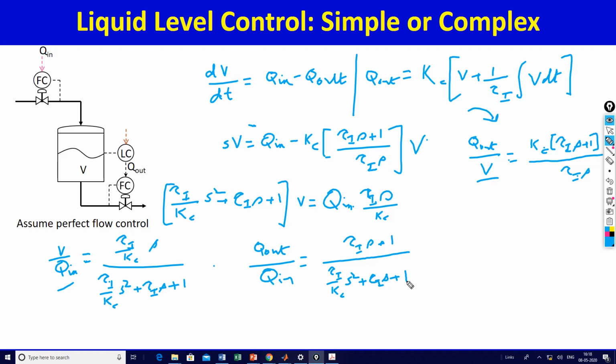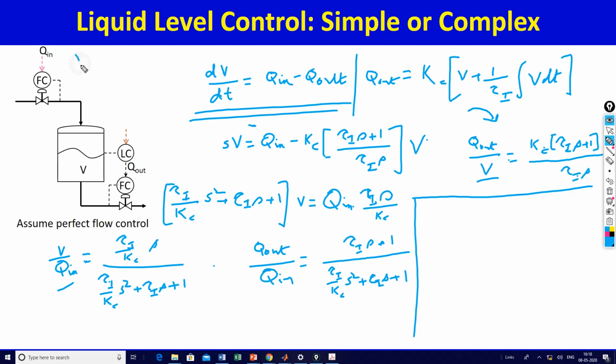and if you want to look at the root locus, we see that G process is the relationship between the effect on the output V by Q out.